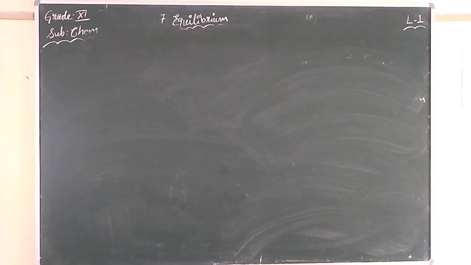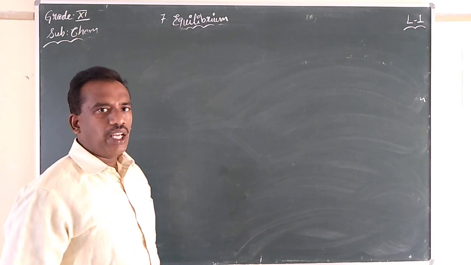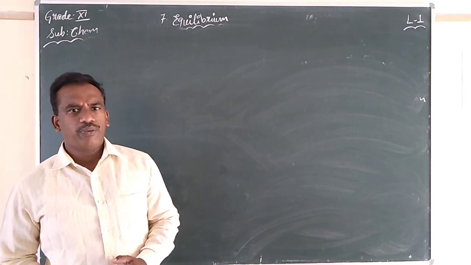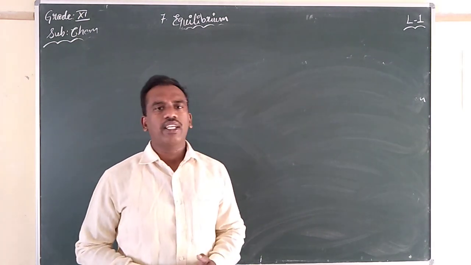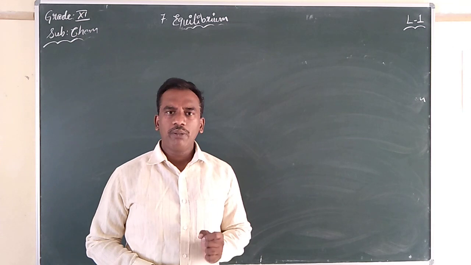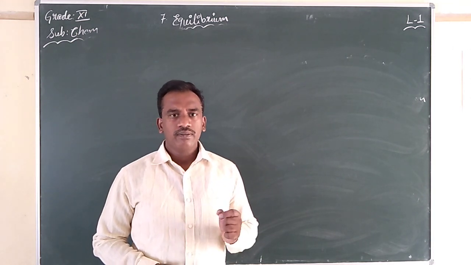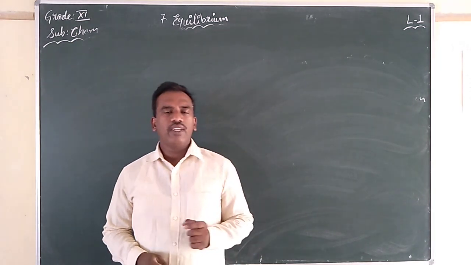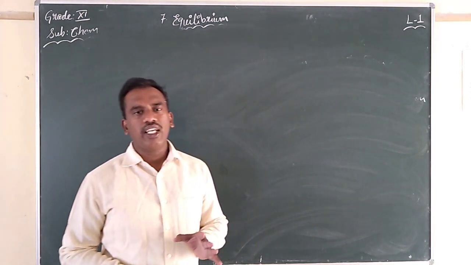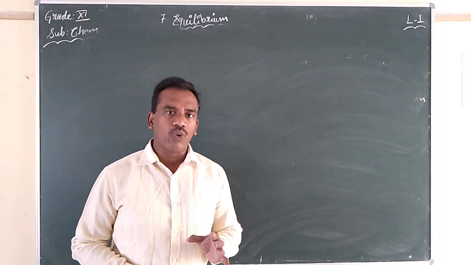Let us see the classification of equilibrium. Equilibrium is majorly classified into two types. One we call chemical equilibrium, the second we call ionic equilibrium. But before we enter into chemical equilibrium, we need to have a glance at the physical equilibrium.